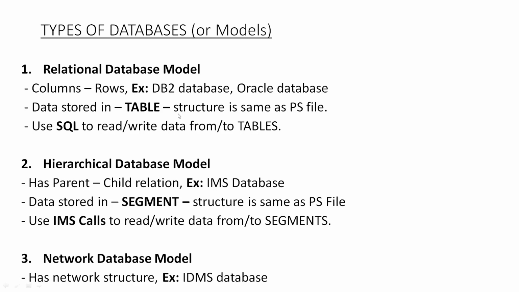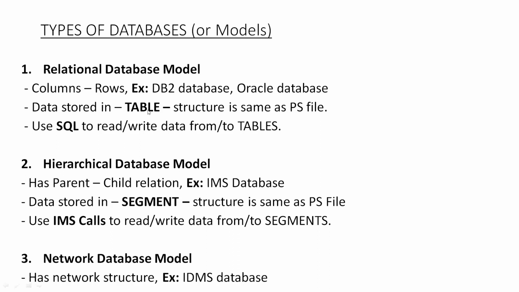The first one is DB2, the relational database model. The data is present in tables, populated with columns and rows. You can see this in the relational model, DB2 and Oracle also.